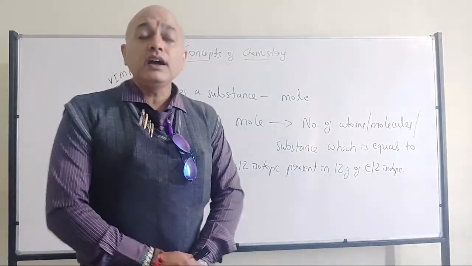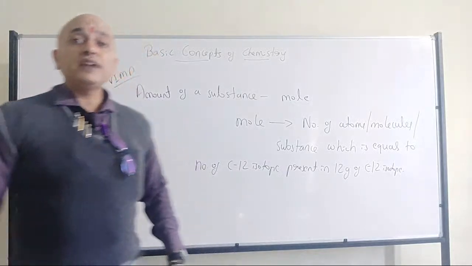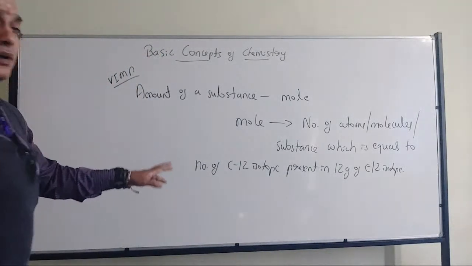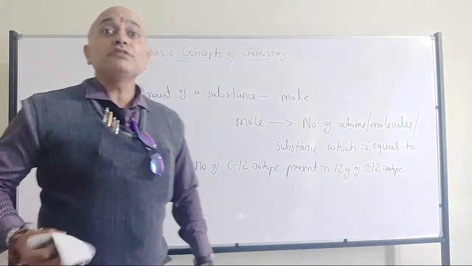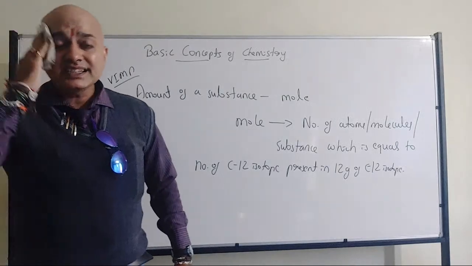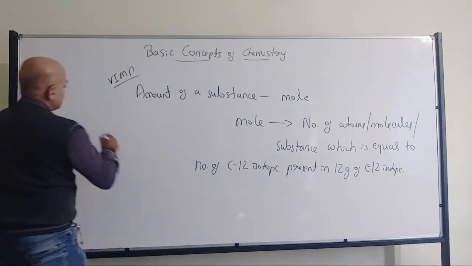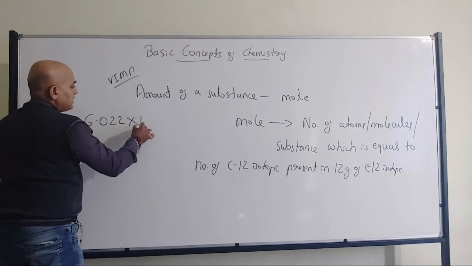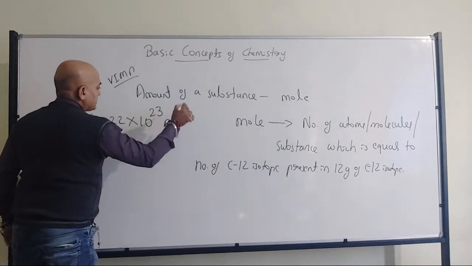That is nothing but the amount of a substance, a way to express the amount of a substance. Fine? Which will be equal to the number of carbon 12 isotopes present in its 12 gram. Right? And that number is nothing but 6.022 into 10 to the power of 23.